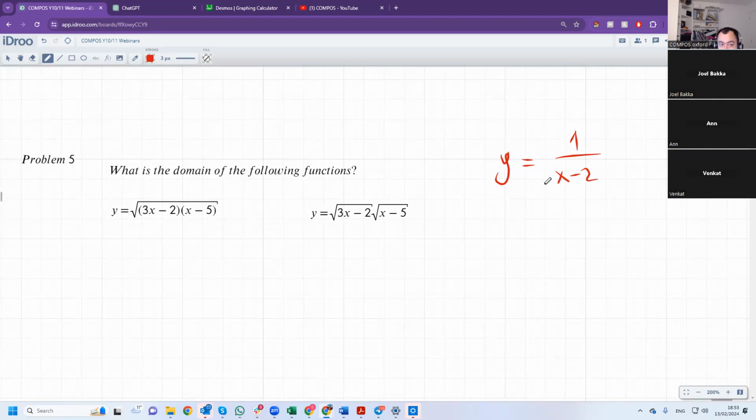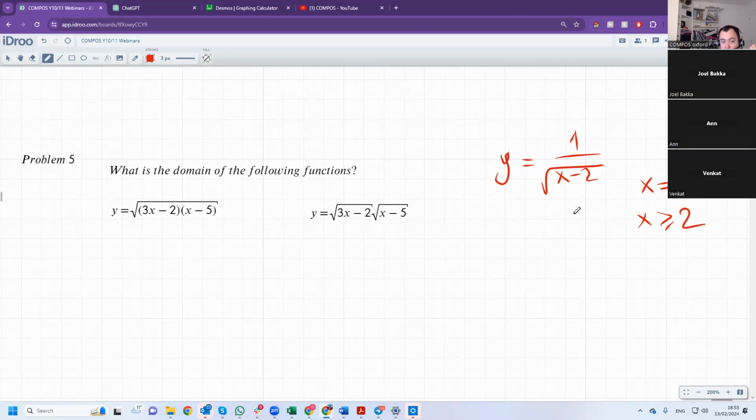If you do 1 divided by square root of x minus 2, then you have to consider only the values that give, so the square root, you cannot take the square root of a negative number. Therefore, the thing under the square root has to be positive. So here, x is not equal to 2, and x must be greater or equal to 2.